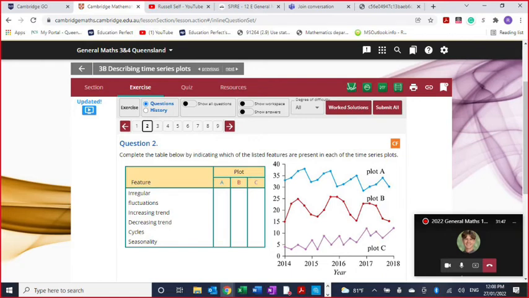Then here, again, up and down, and it's fairly regularly up and down, so I would say that this one also has cycles, or some major fluctuations in some periods. Okay? And this one seems to be increasing at a pretty steady rate, so it wouldn't really be irregular. Doesn't show any seasonality. It's really just an increasing trend, right? Anything that you can justify, though, will work.